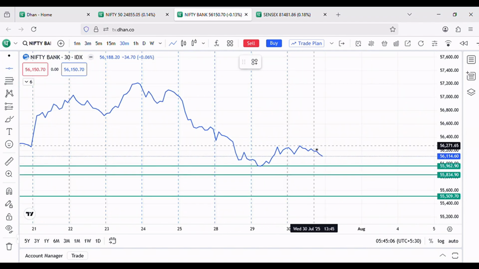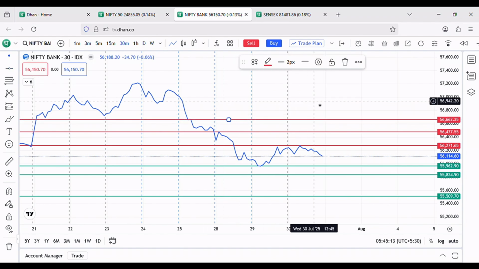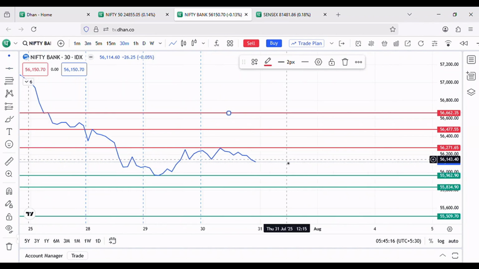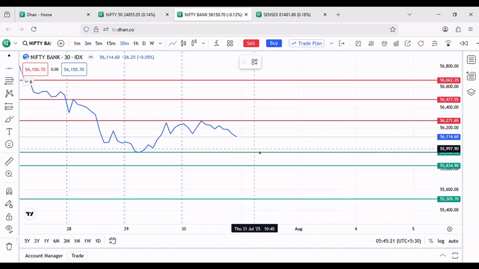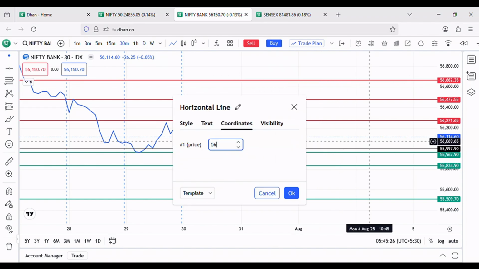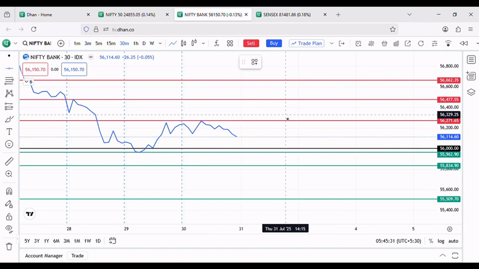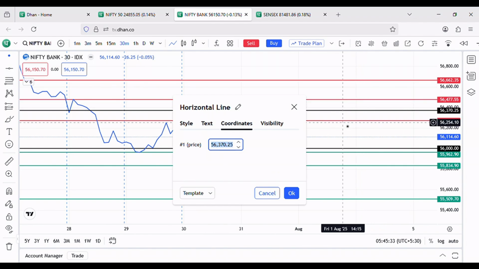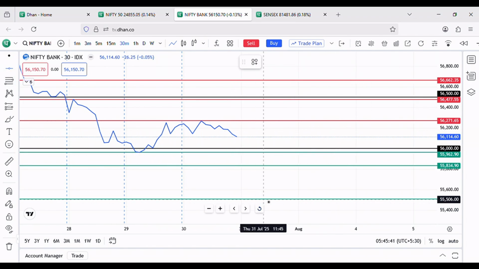For resistance we can give red color. For round numbers here, 56,000 is the round number, so we can mark it. For Bank Nifty, we can mark round numbers as whichever comes at 1,500 levels, 56,500 and 55,500.